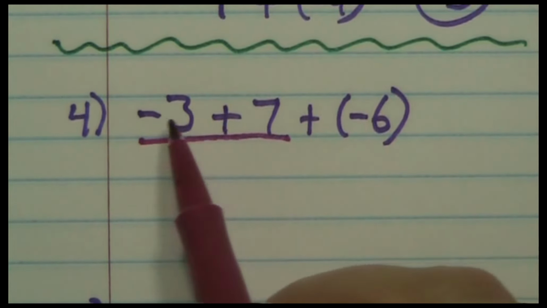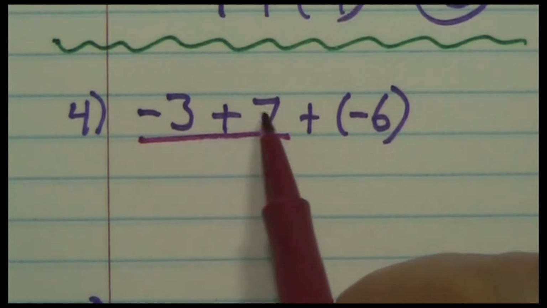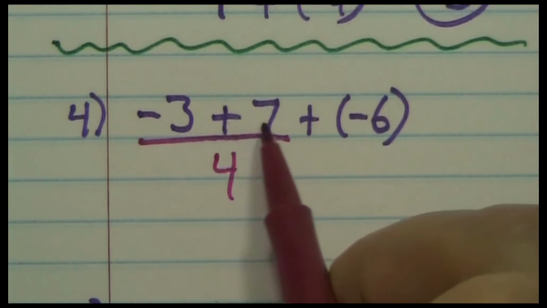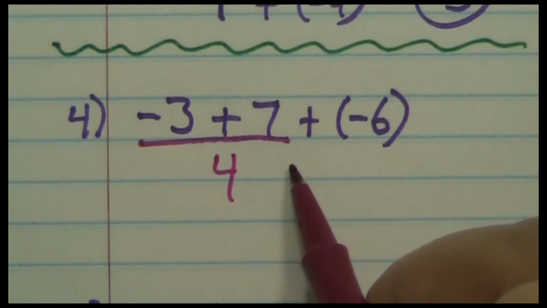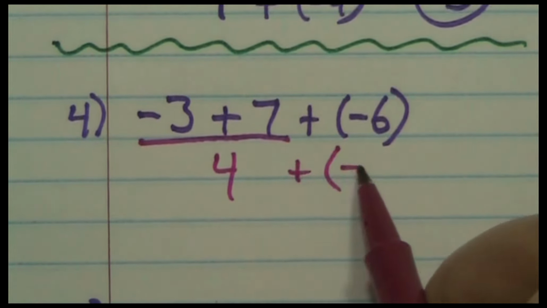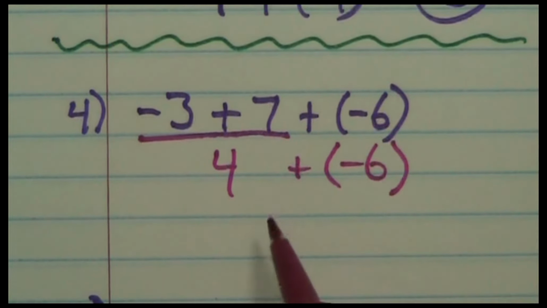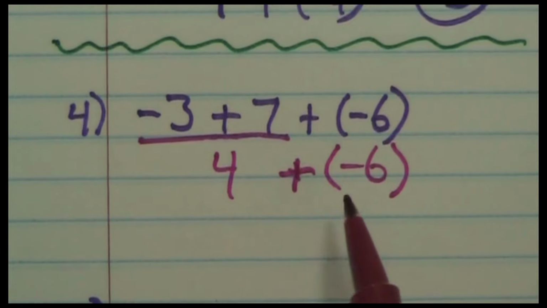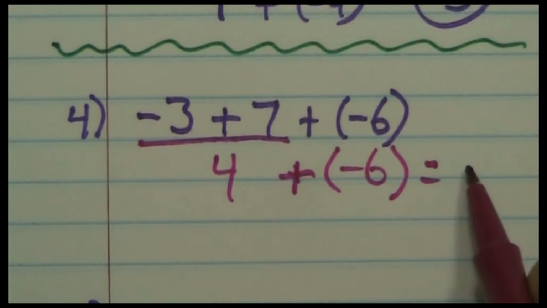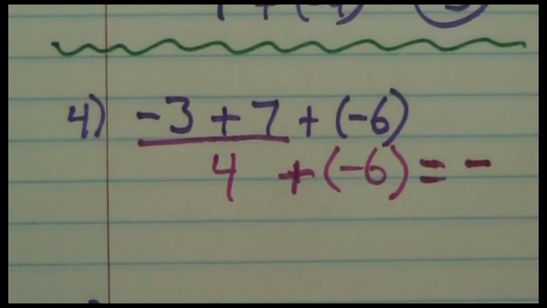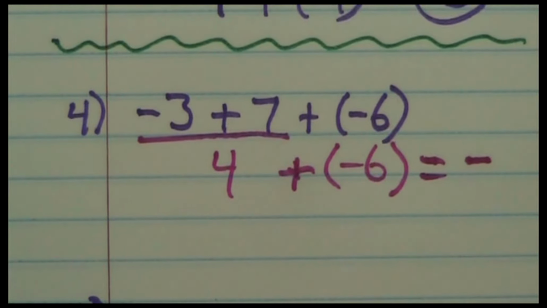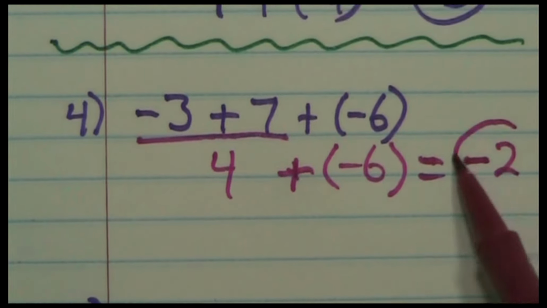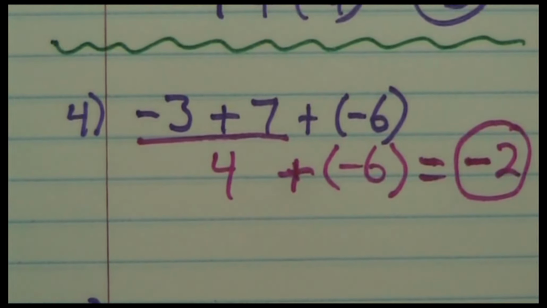So -3, and they're different signs, right? 7 take away 3 is just 4. 4 positives. And then I'm just going to rewrite this. Okay, now I have 4 and -6. I know the answer is going to be negative. Right? So how many more negatives are there? There's 2. The answer is -2.